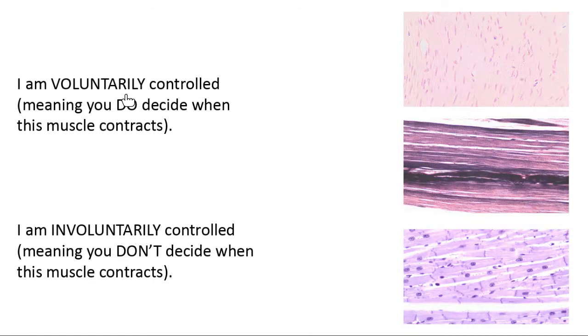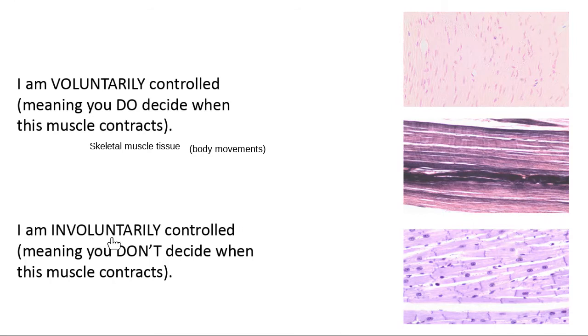Helps us to move, to walk away, to hold our head up. Yep, that's the job of skeletal muscle tissue. The big thing we're saying with skeletal muscle tissue is we're talking about body movements. You're deciding that these contractions are happening. That is voluntary. You determine when that happens.